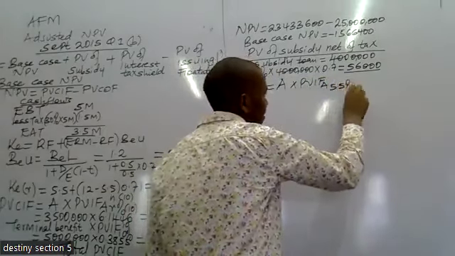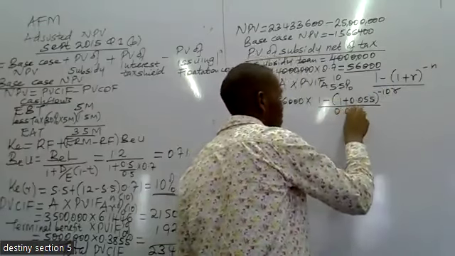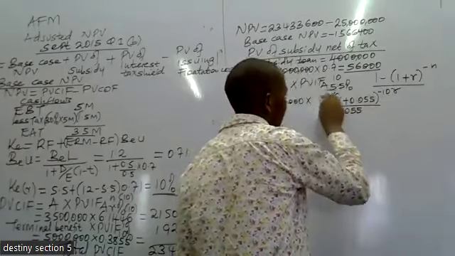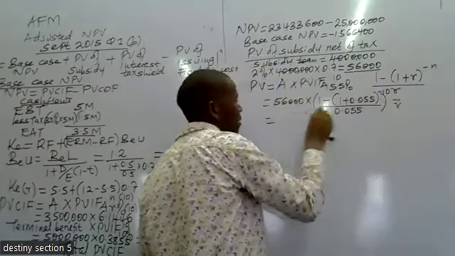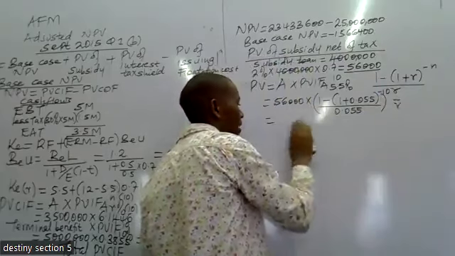So I just have 1 minus (1 plus 0.055) to the power negative n, and then I divide by 0.055. So that will give you out.